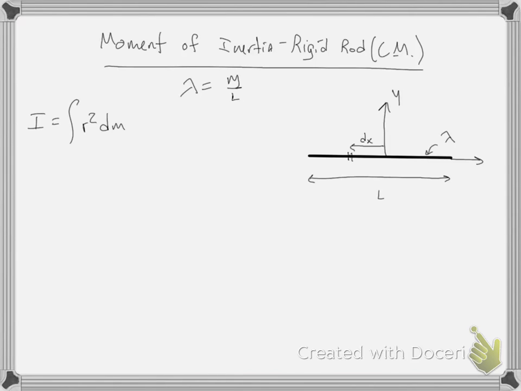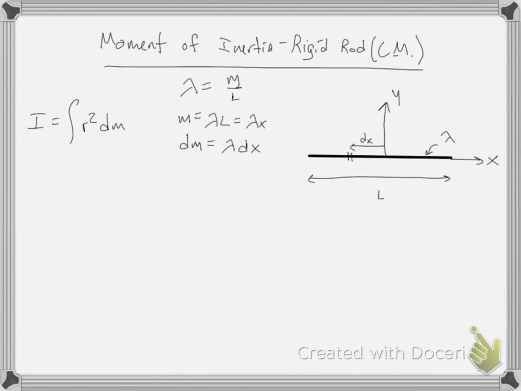Rearranging lambda to solve for mass, we get lambda times L. But since we are differentiating in the x direction, I'm going to change that to lambda x. Thus, dm is equal to lambda dx.